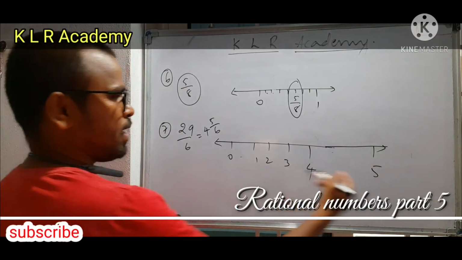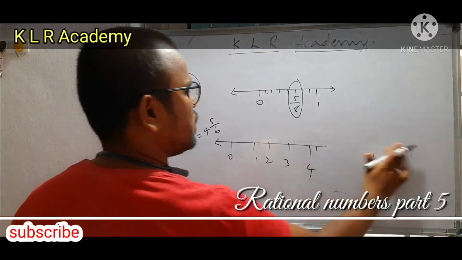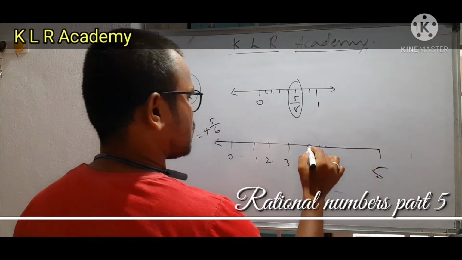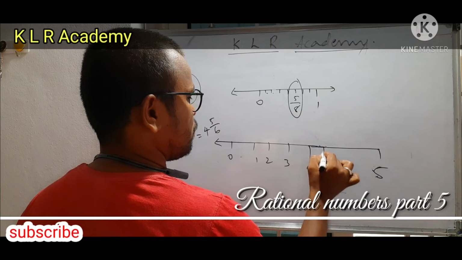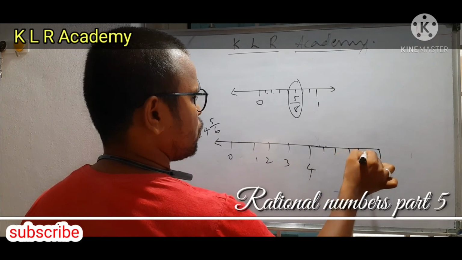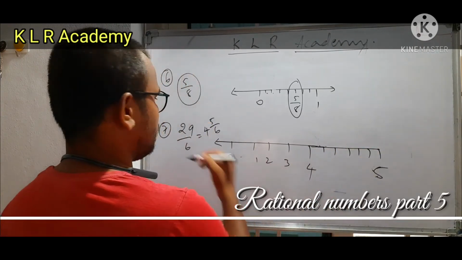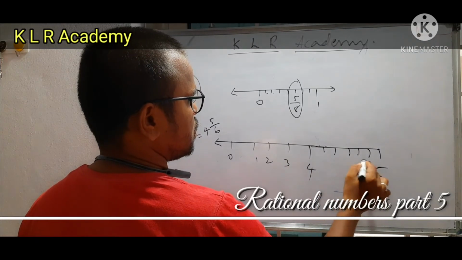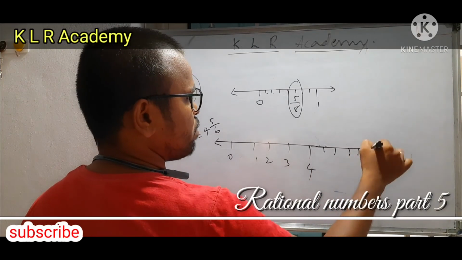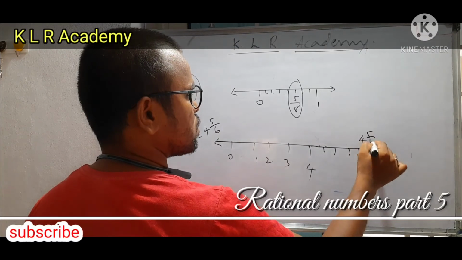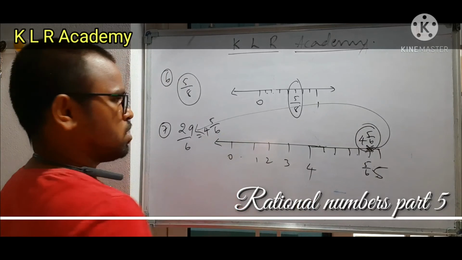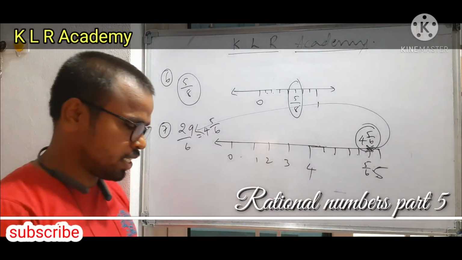So between 4 and 5, divide this unit into 6 parts. 1, 2, 3, 4, 5, 6. So which part do you want? 5 by 6. So 1, 2, 3, 4, 5. This is after 4, 5 by 6, means 4 and 5 by 6. This is the value. This is 29 by 6. Okay. Next example.